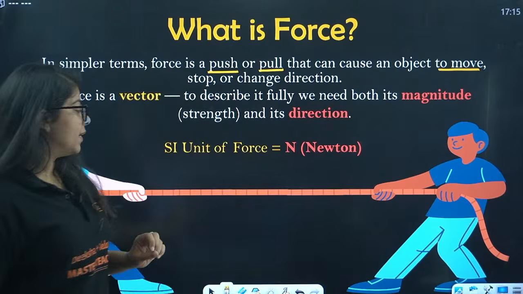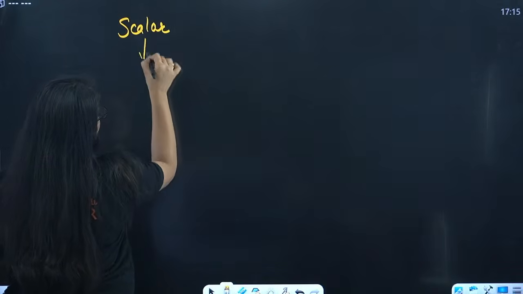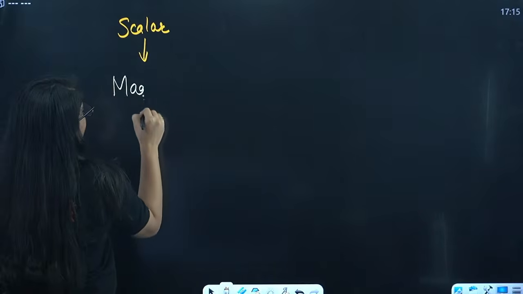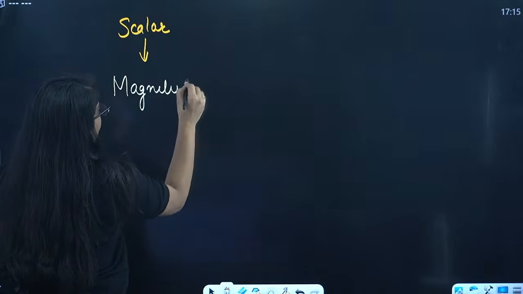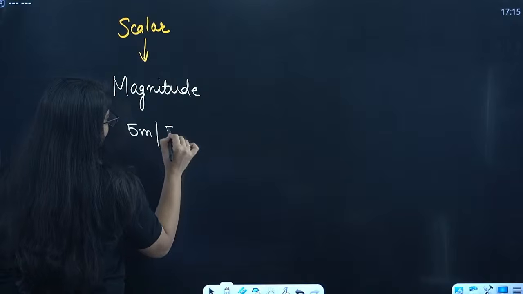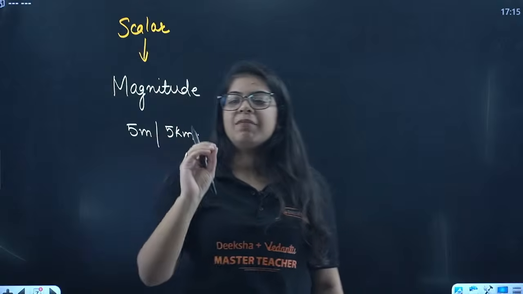So basically, beta, we studied that a scalar simply has a magnitude, and it does not have a direction. When I write 5 meters or 5 kilometers, it is simply your magnitude, a simple value.